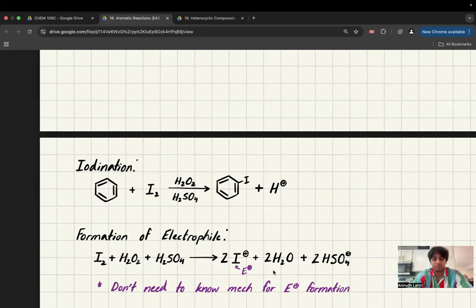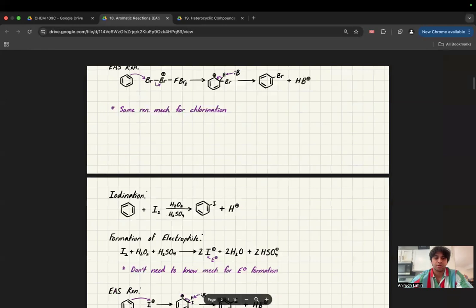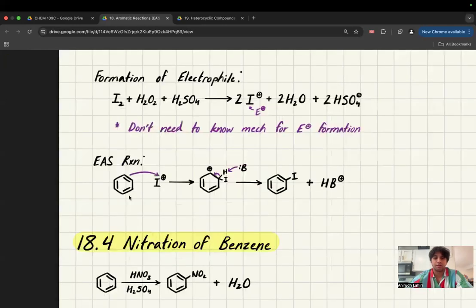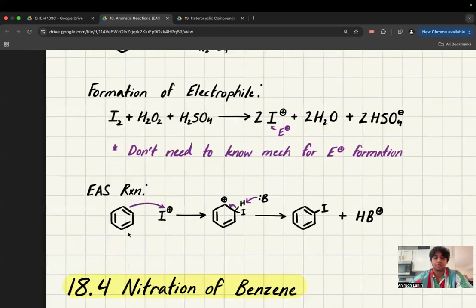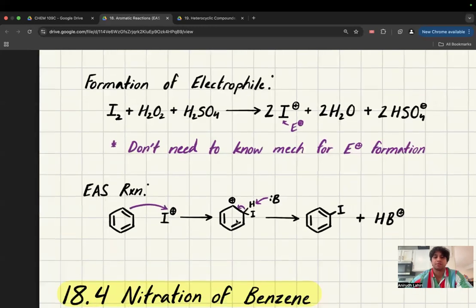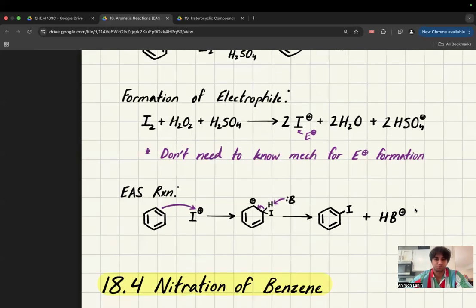So the bond between the two iodines is such that if we tried to use a Lewis acid, it wouldn't become a strong enough electrophile. So just know that iodination is a little bit different than our regular run-of-the-mill halogenations. But again, same characteristic mechanism, where we have the benzene attack, break aromaticity, slow step. Then we have restoration of aromaticity, fast step.